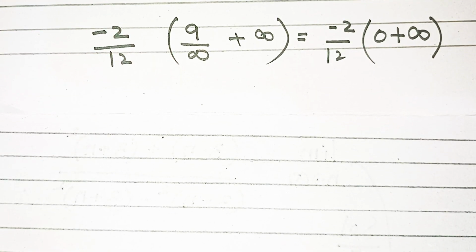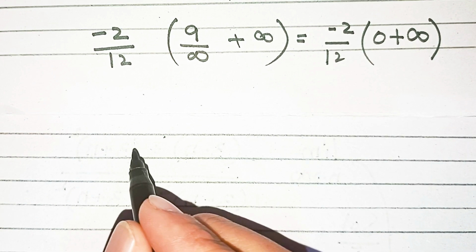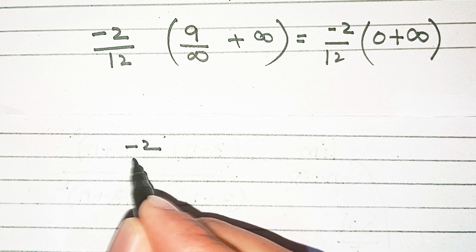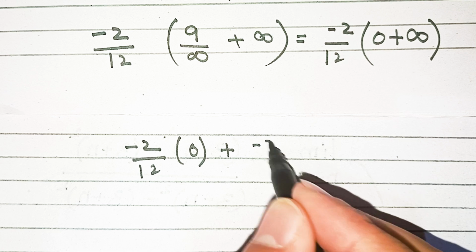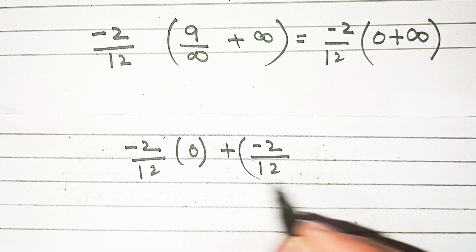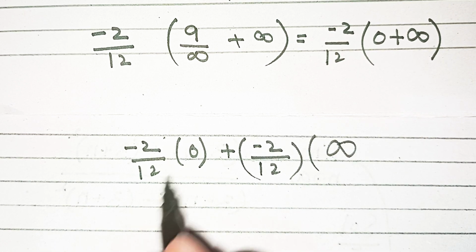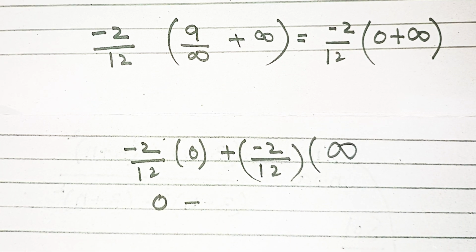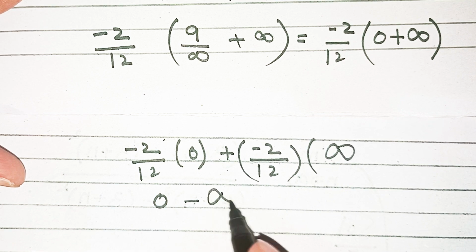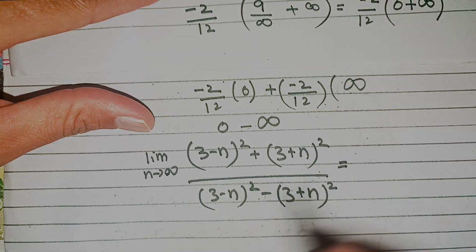So here multiply this with this, so minus 2 divided by 12 into 0 plus infinity. 0 is the same as 0, and we know that every number multiplied by infinity gives infinity. The answer: this limit equals minus infinity.